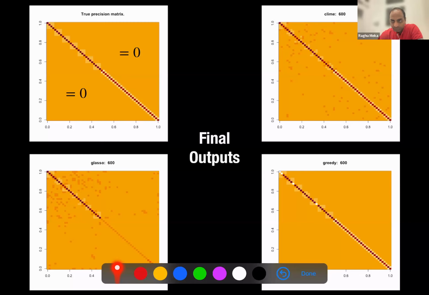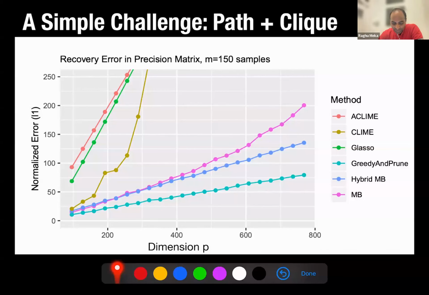Okay. All right. You can also check what happens, not just in terms of this plot, but the recovery rate: how many samples do you need to actually learn the graph? And in all of these cases, greedy prune does very well.